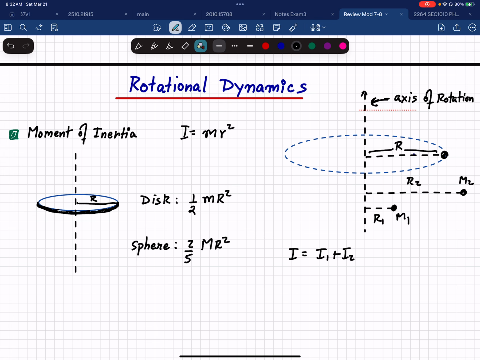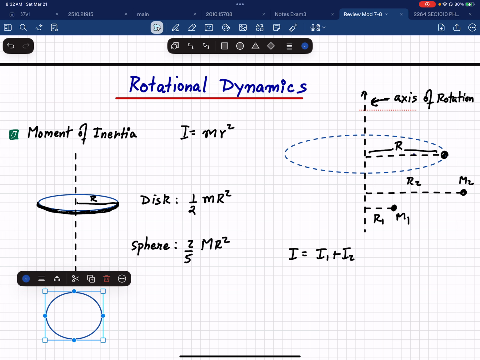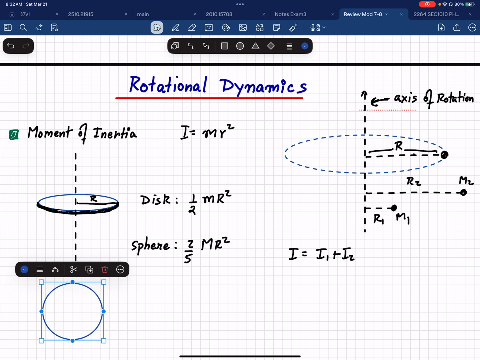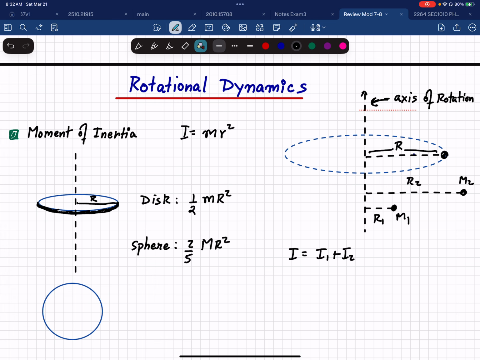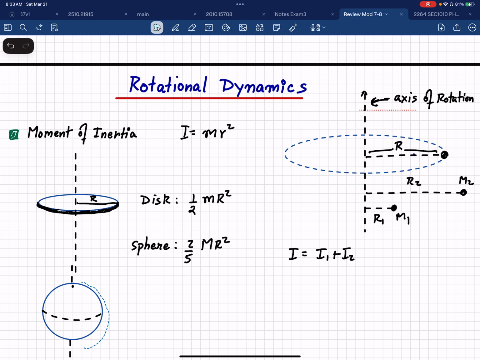So if you have a sphere, and the axis of rotation goes through the center, your moment of inertia is given like this.